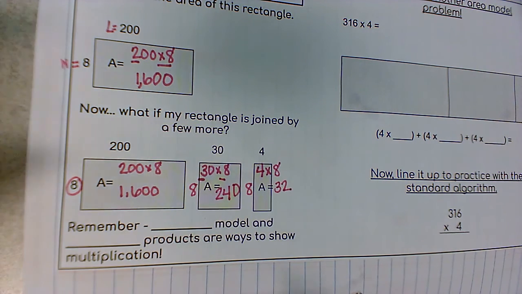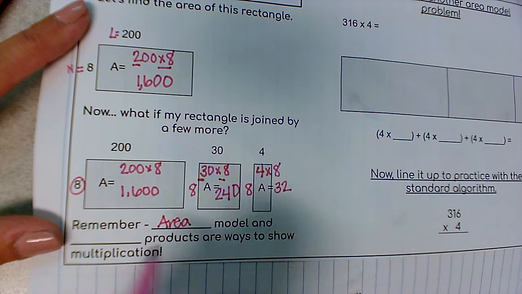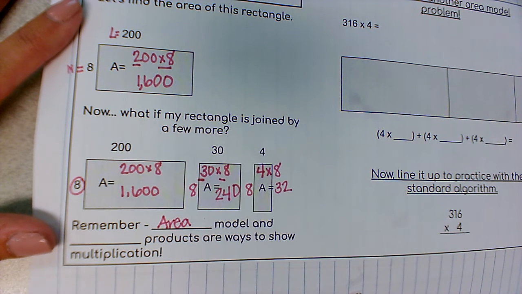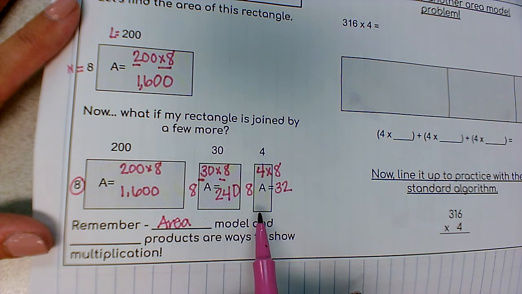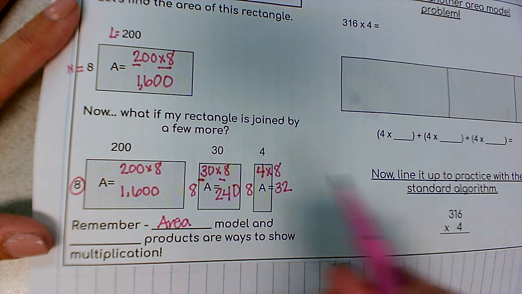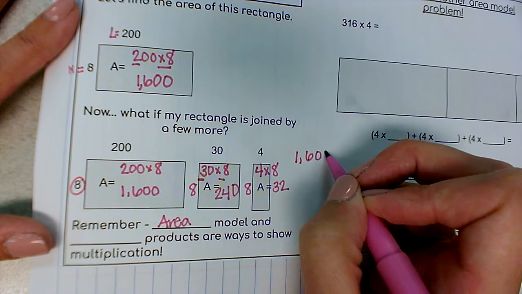So friends, we just used the area model. And if I wanted to know the whole area of all 3 rectangles combined, I would add them together. So let's come over here and go 1,600.